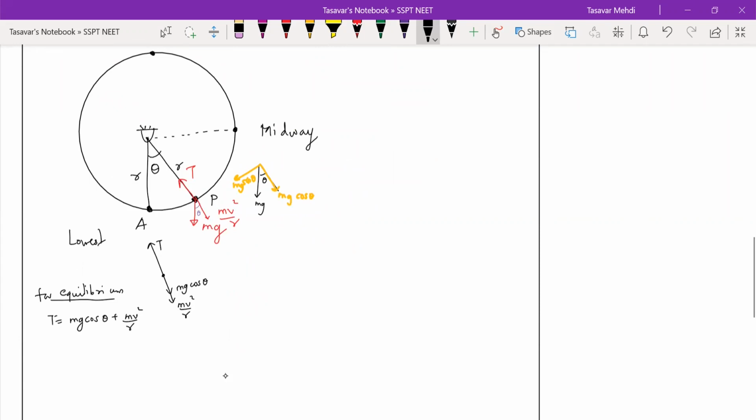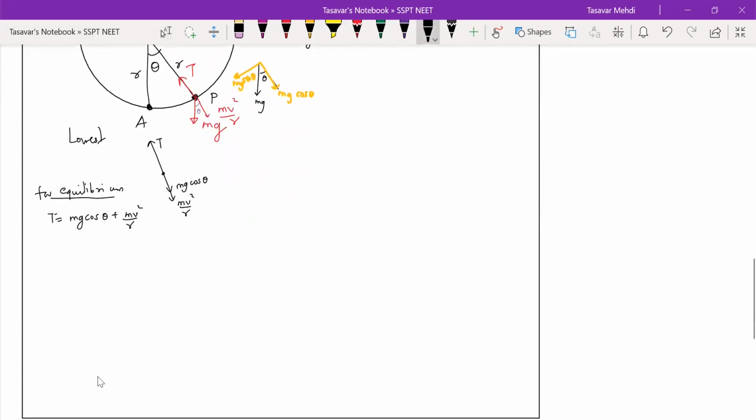Okay. Now, let us start with topmost position. We are doing a circle again so that we can do the derivation. Now, dear students, at the topmost position, the minimum velocity, if you're finding, tension becomes zero.